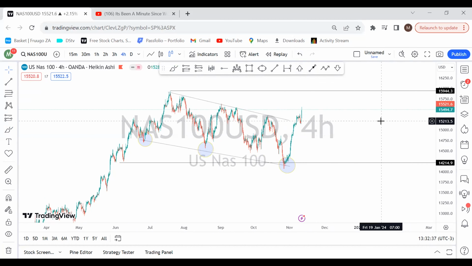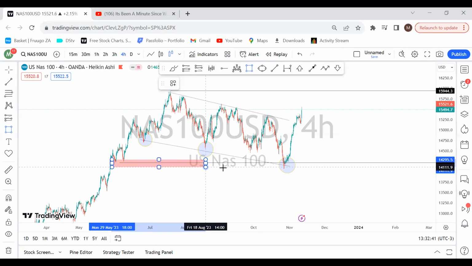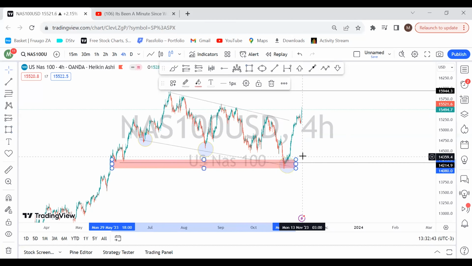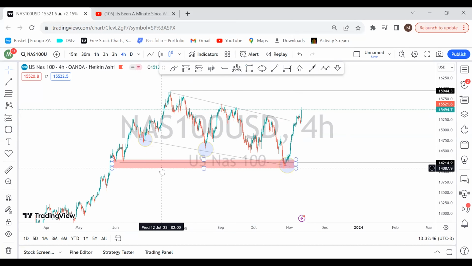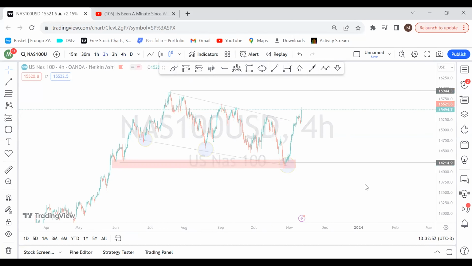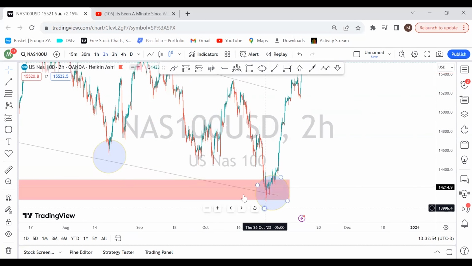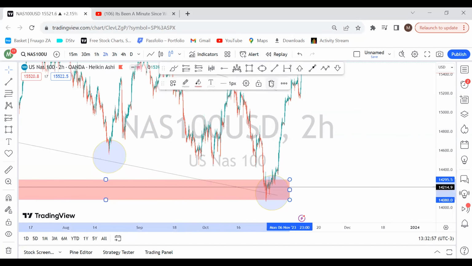It's at a very key point regarding this support. Double bottom support. It's a key area. So we're gonna scale down to a 2-hour time frame. Okay, let me just remove this zone.